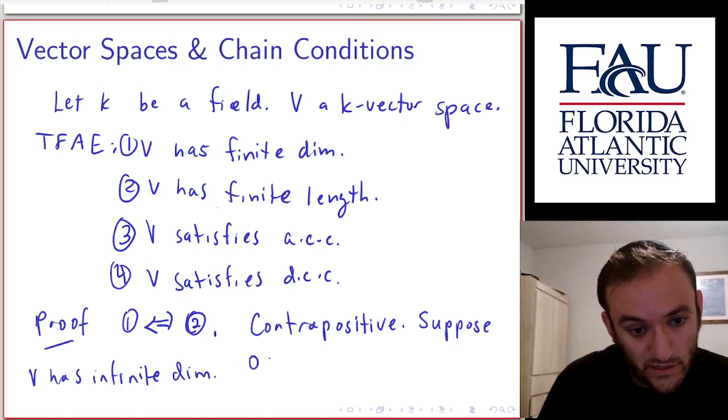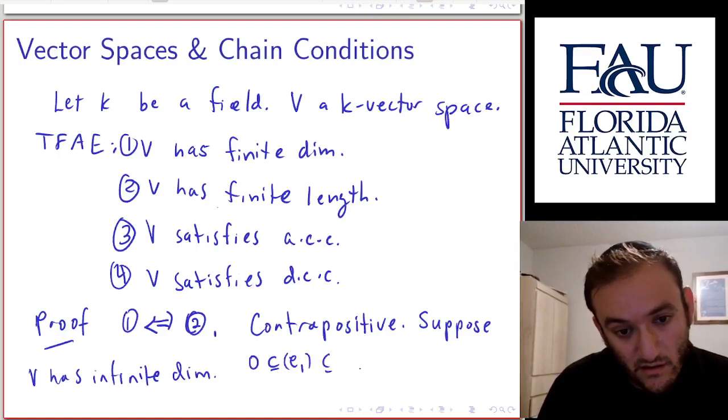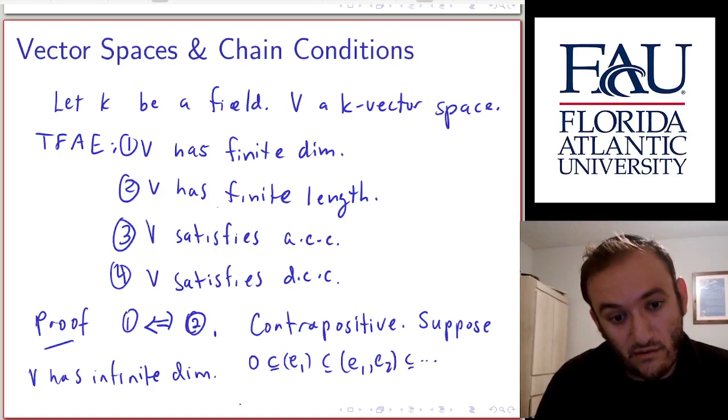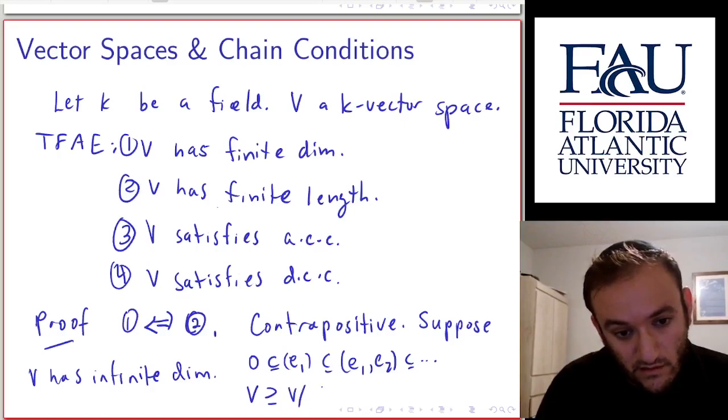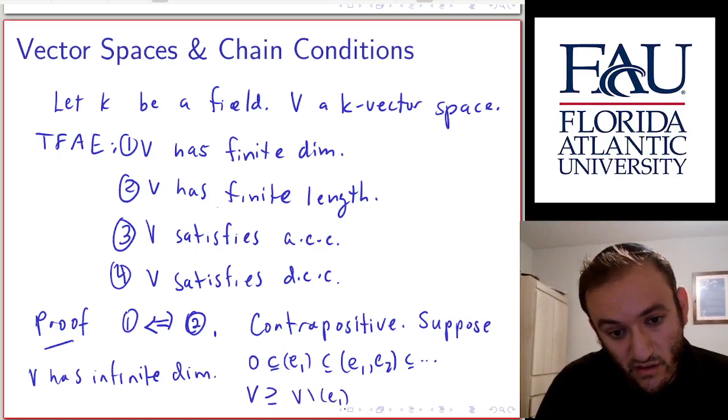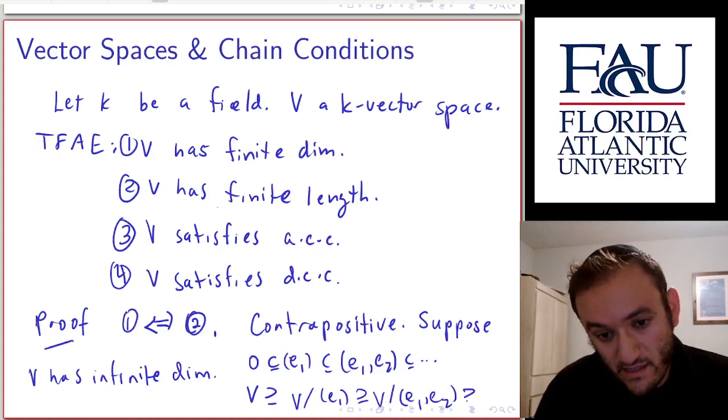Okay, so for instance, 0 contained in the span of one of the basis elements, contained in the span of two of the basis elements, etc. And by the same token, you can just take V, the orthogonal complement to the span of E1, orthogonal complement to the span of E1, E2, etc. This is a descending chain.